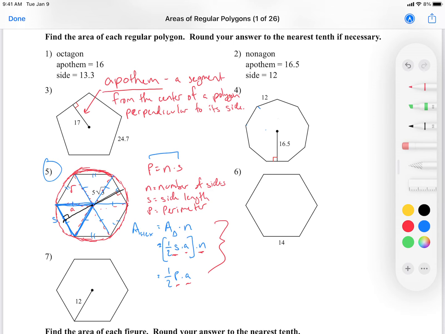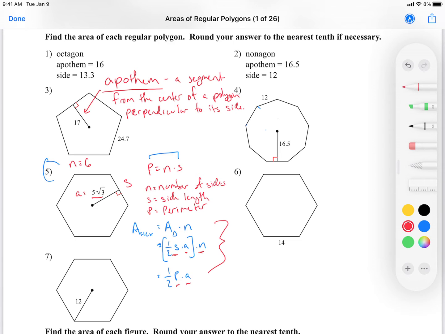So I'm going to erase all of this over here, because now we've just figured out that in order for me to find the area of this hexagon, I need the apothem, which is right here. And then I just need the length of one side, because we already know that n is equal to 6.